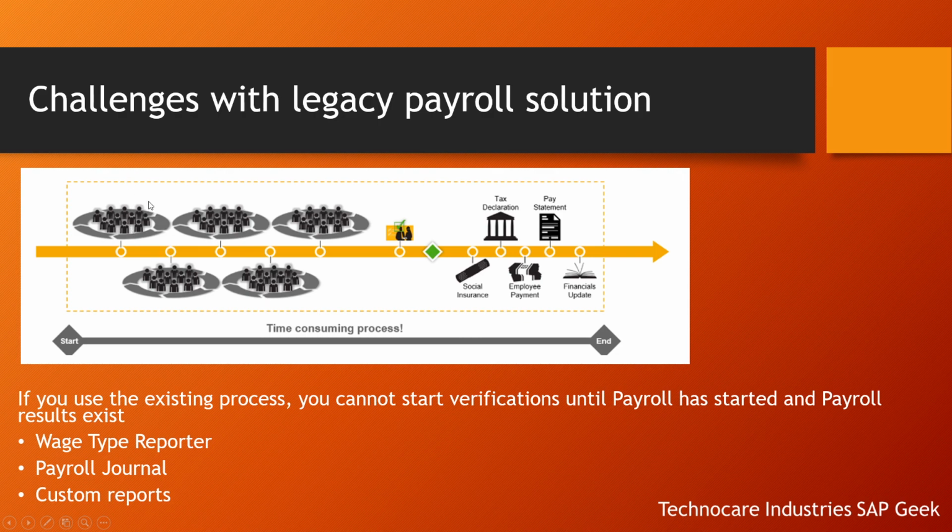So what is the next step? Once I have made all the corrections, I will run the payroll again. And once the payroll results are confirmed, then the post payroll activities will be completed, right? So we will start with, let's say, social insurance distribution, tax declaration, employee payments, pay statements and financial posting to your finance module. So if you see, all these processes have to happen in this small window of time.